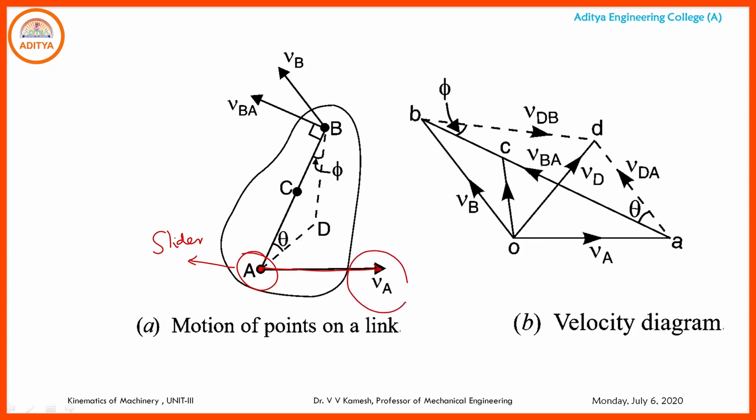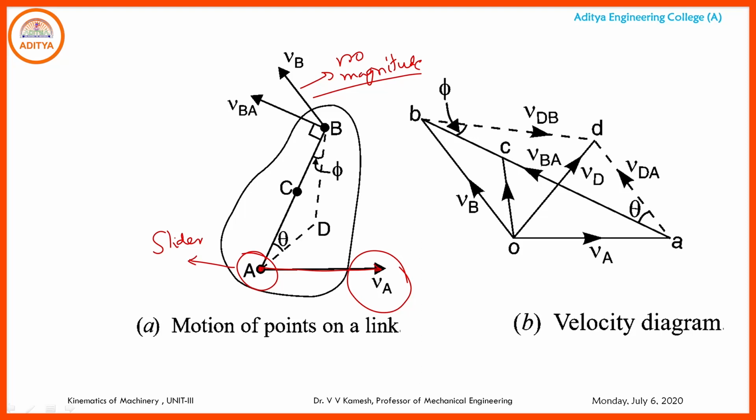Now given the velocity of A, magnitude and direction, as input parameters, and the length parameters given as another input, then the VB direction is given to us. But what is the magnitude of VB? Only the VB direction is given, no magnitude.